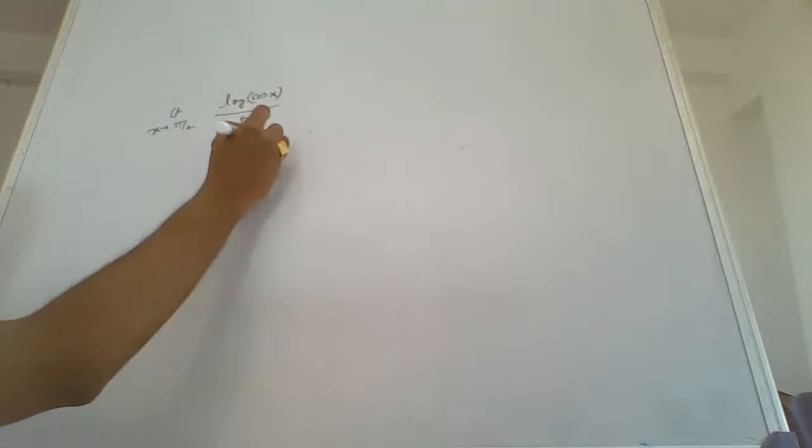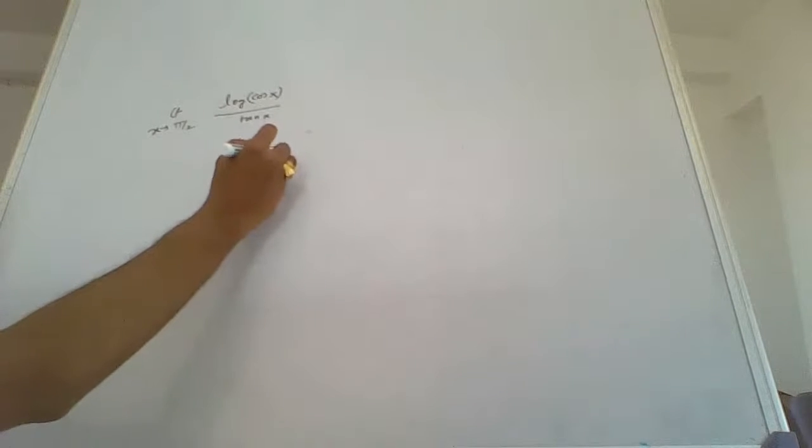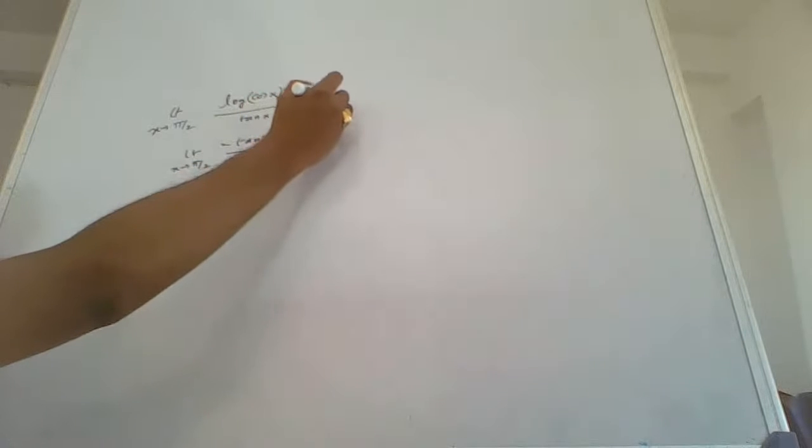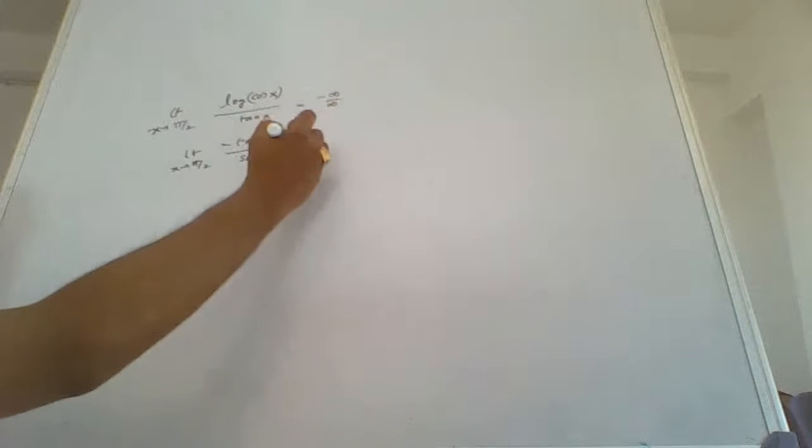Let us try to solve this problem here. Now the differentiation of this would be minus tan x, and this is secant square x, as x tends to pi by 2. Again, of course, this is minus infinity and infinity.